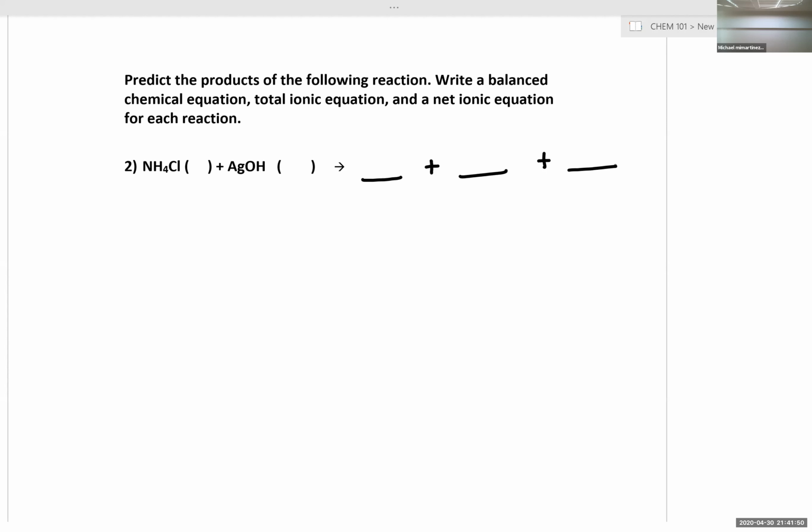We'll discuss in about 2 to 3 minutes. Don't be shy to message me in the chat, so that I can provide you some feedback on your proposed reaction products, your proposed equation, and net ionic equation. Any questions on this problem?